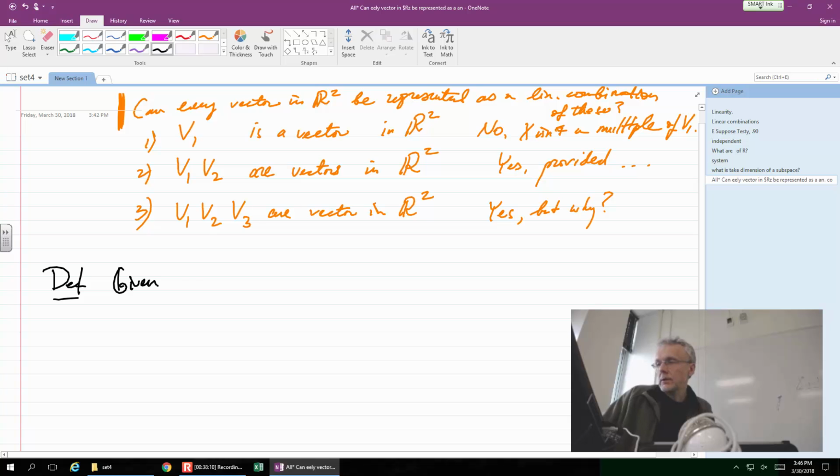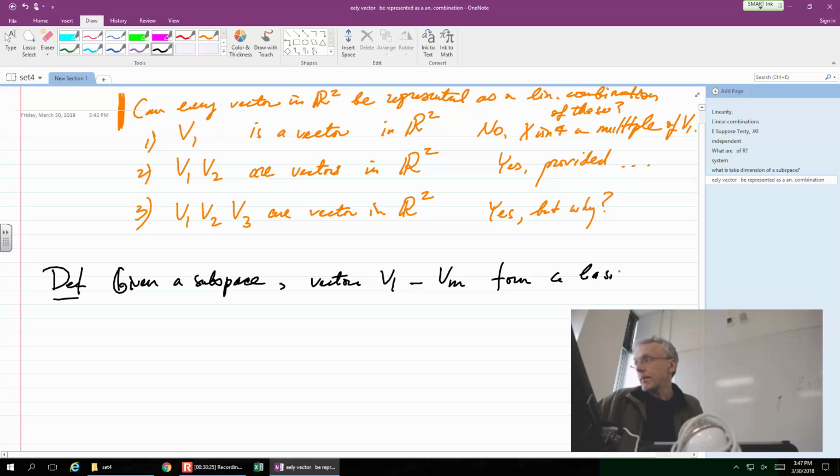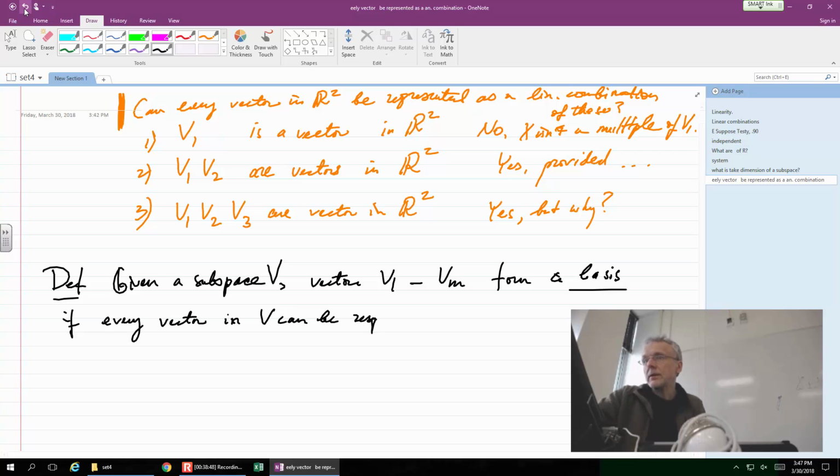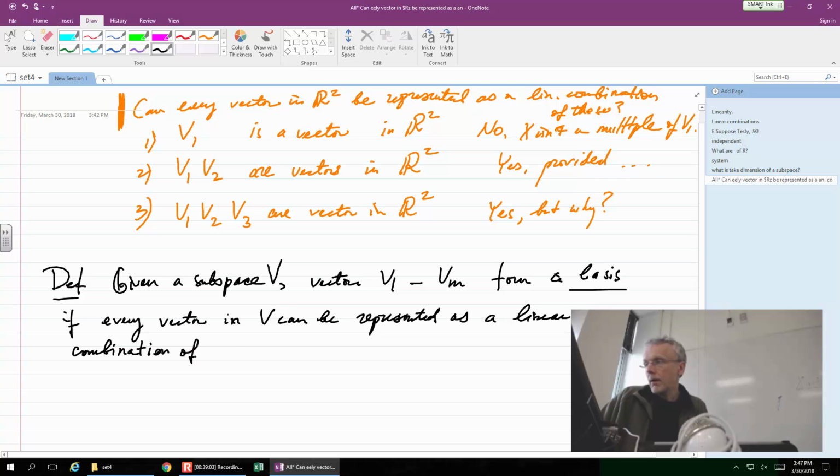Given a subspace V, vectors v1, ..., vm form a basis if, to begin with, that property is still a requirement: every vector in V can be represented as a linear combination of v1, ..., vm.